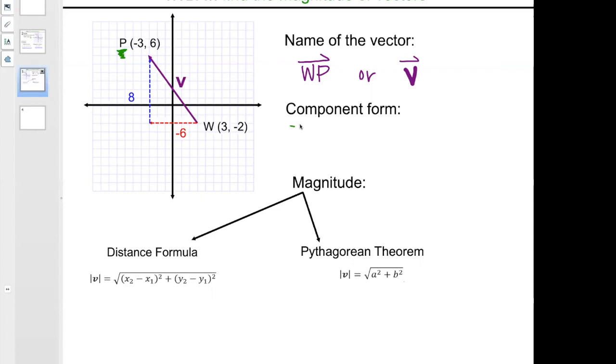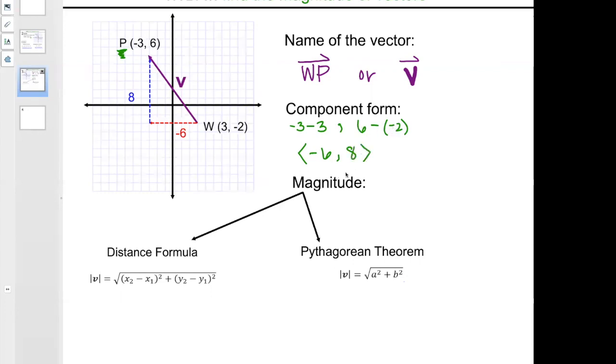So we start with the terminal x value, which is -3, and subtract the initial x value, which is 3. So our x component is -6. Then we do the same thing for the y's. The terminal y value is 6, and we subtract off the initial y value, which is -2. So 6 minus -2 is +8.